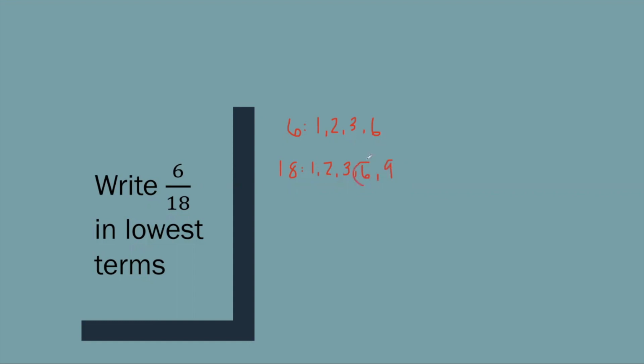So 6 is going to be our GCF, and then you're going to want to divide each number by 6. So we get 1 over 3. And that is 6 over 18 in lowest terms.